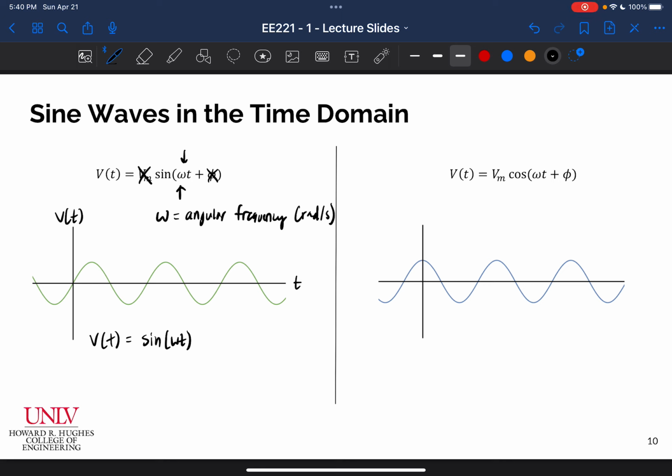Well, how do I get radians per second? Omega is also equal to 2 pi times my regular frequency in hertz, or in cycles per second.